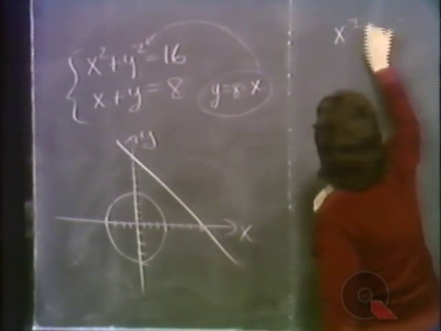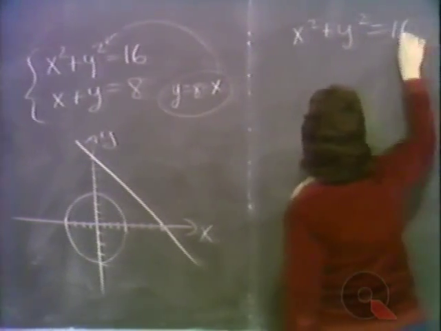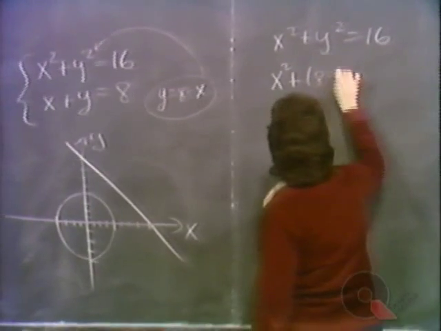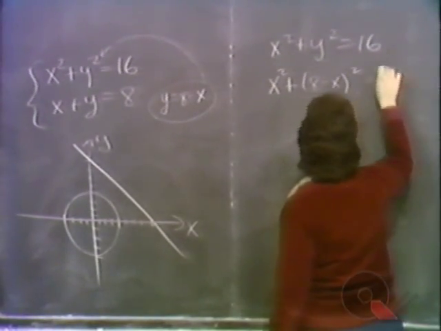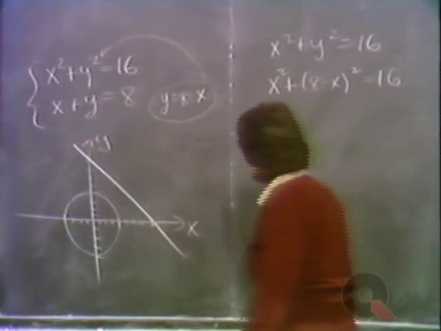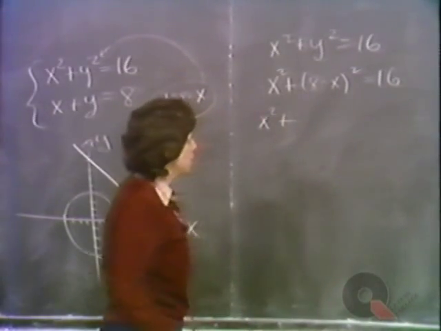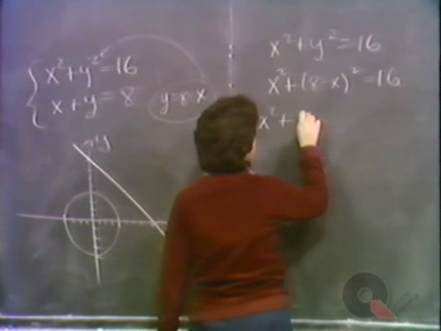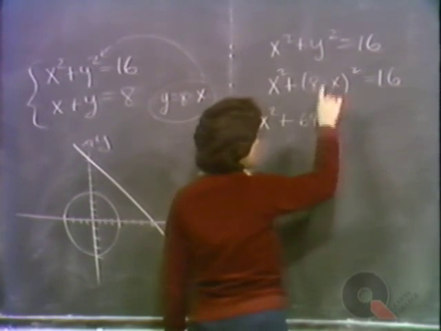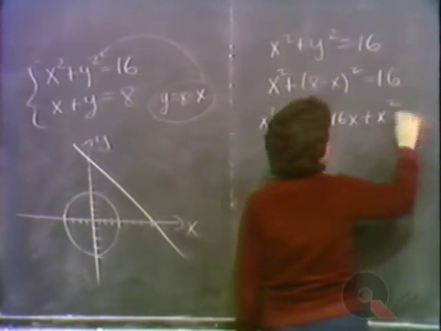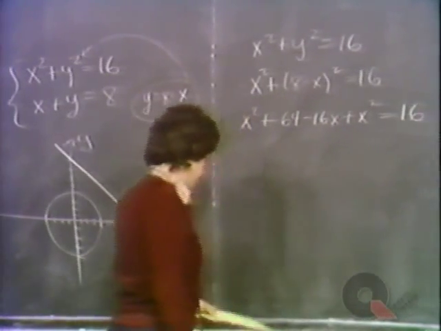x squared plus y squared equals 16. x squared plus (8 minus x) squared equals 16. x squared plus, squaring this out by FOIL, 8 times 8, that's 64, minus 8x, minus 8x, minus 16x, plus x squared equals 16.